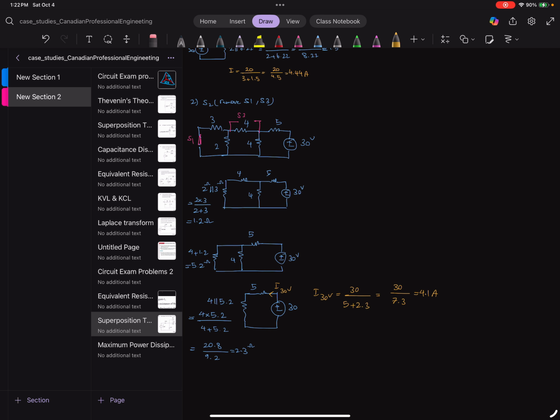So we have 4.1 amp going here, and then now it has to get divided between the 4 and the 5.2.